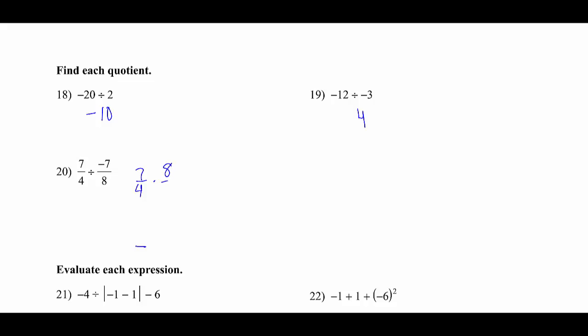So we have to find the reciprocal of the second one and say, okay, what is 7/4 times 8/7? Now, if we remember that whole canceling thing, that will make this easier. I can cancel the 7s, I can cancel the 4 and the 8, and that leaves me with a 2 on top. Everything else canceled, so the answer to this is 2, but don't forget it's really a negative 2.